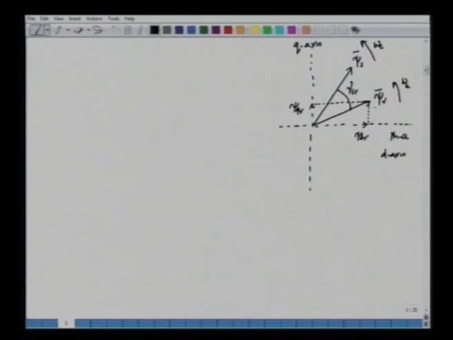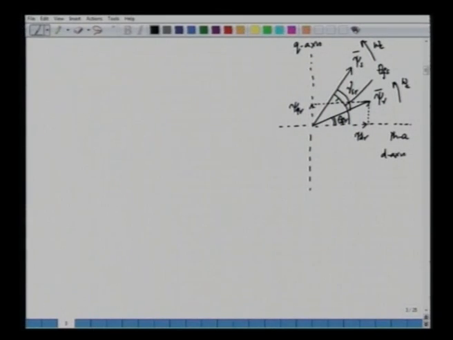And the angle of the rotor flux with the stationary phase A axis, I can call this angle theta fr, and similarly the stator flux will also have some angle with the phase A axis, and I can call this angle theta fs.